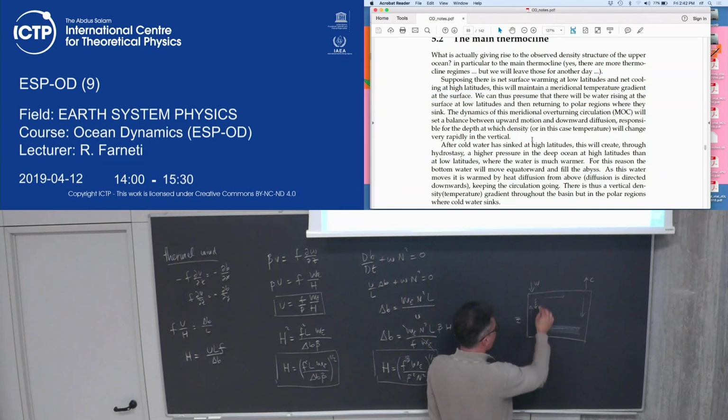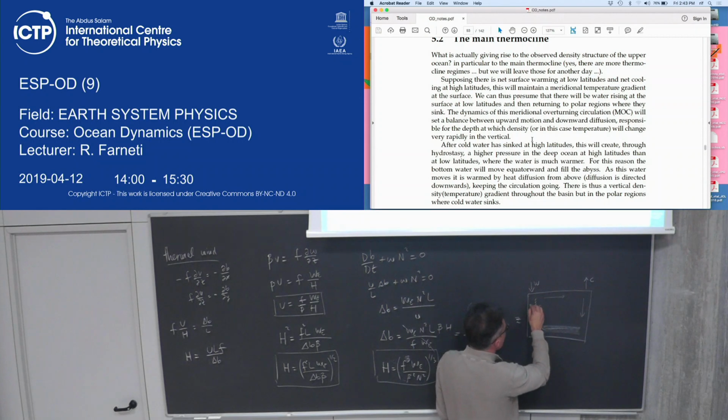So if you have cold water here and warm water here at the surface, then there will be some diffusion acting. And so there is a region where this diffusion is strong and is mixing this cold water, which is becoming warmer, and by becoming warmer will start to rise to the surface.